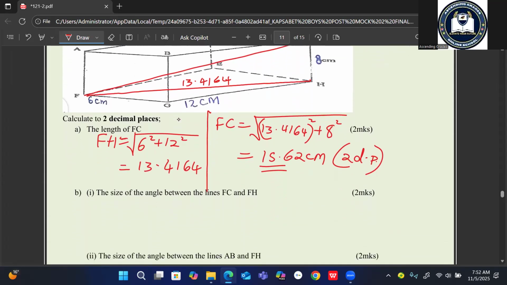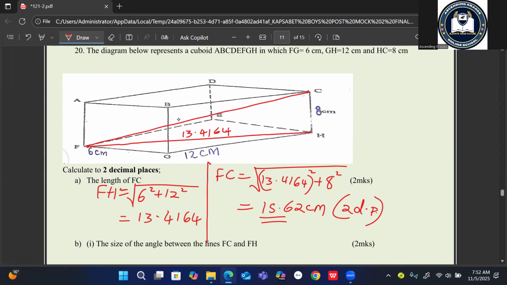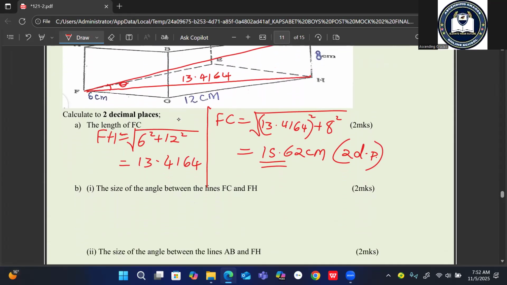From there, we go to part B, the size of the angle between the lines FC and FH. So we are told to calculate this angle, the angle between lines FC and FH. This is H, angle theta. Let's draw that triangle. We have it here.